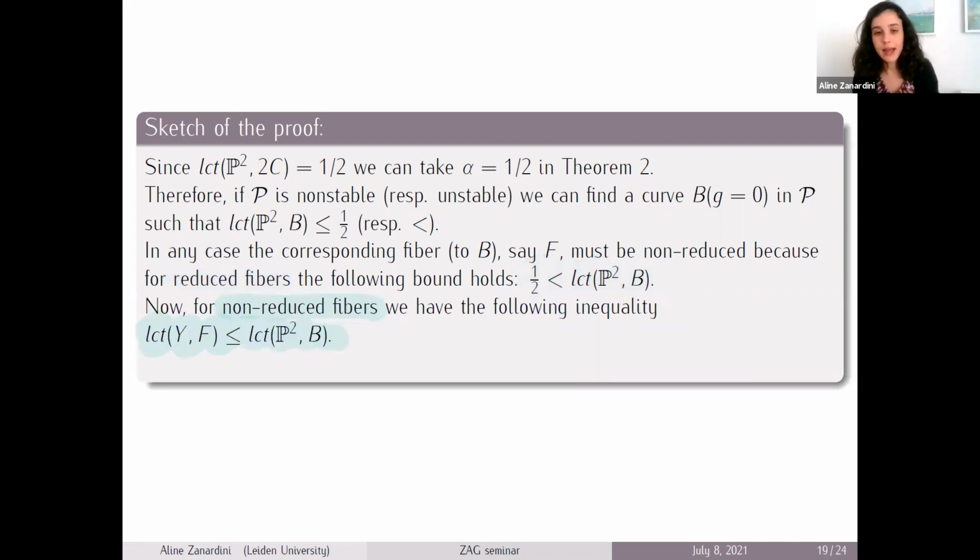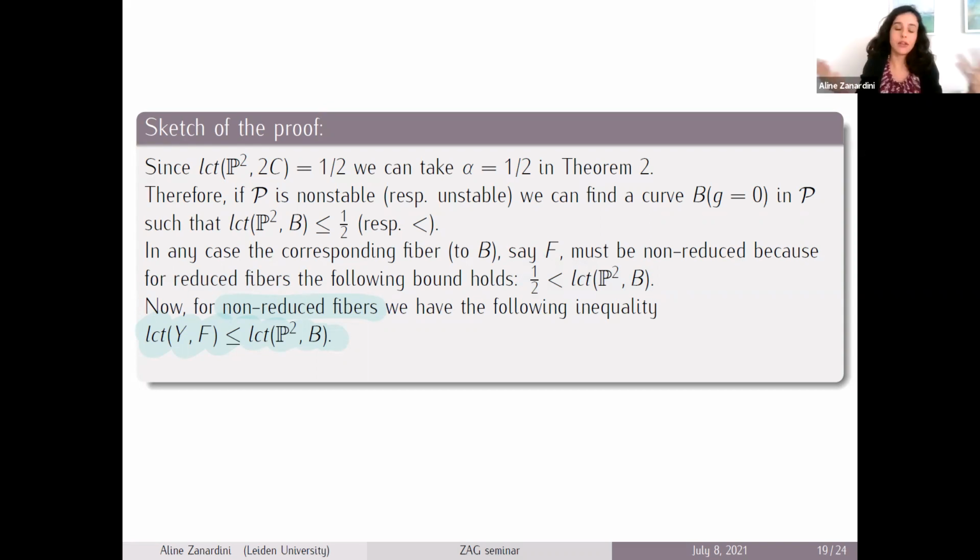And the reason for that is the following. One can show that for non-reduced fibers, the log canonical threshold of P2, B is greater or equal than the log canonical threshold of Y, F.